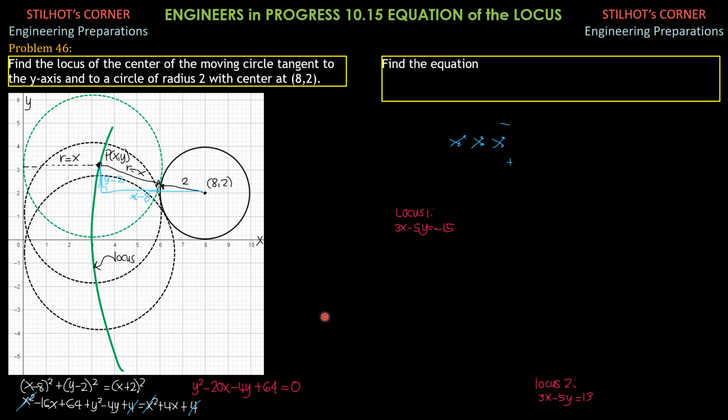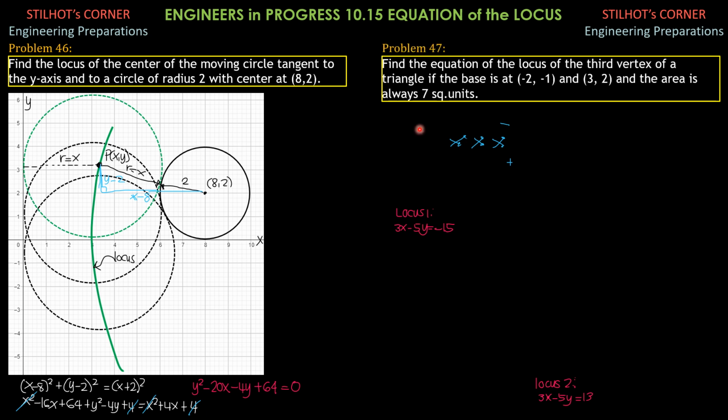And lastly, for this video, problem 47: find the equation of the locus of the third vertex of a triangle if the base is at (-2, -1) and (3, 2), and the area is always 7 square units.